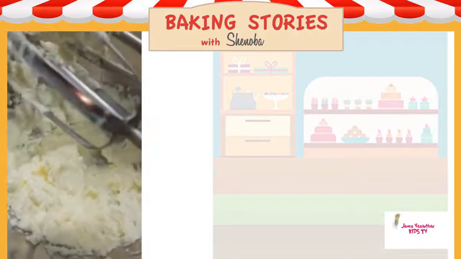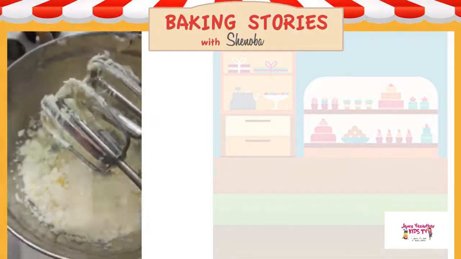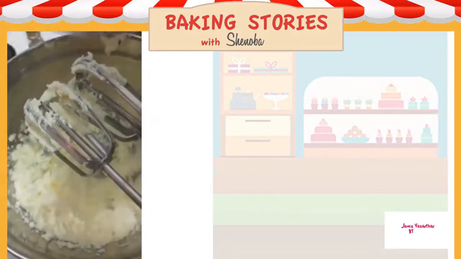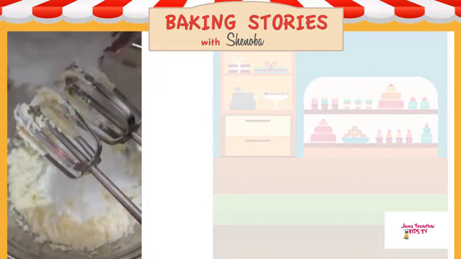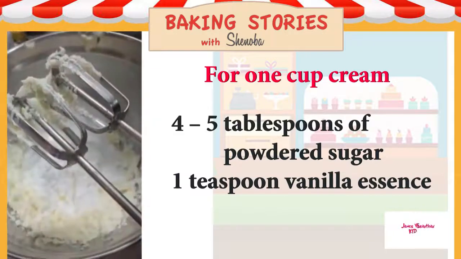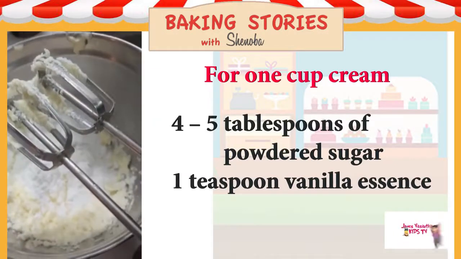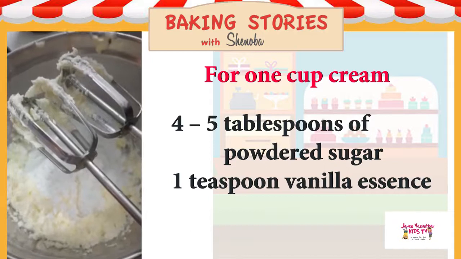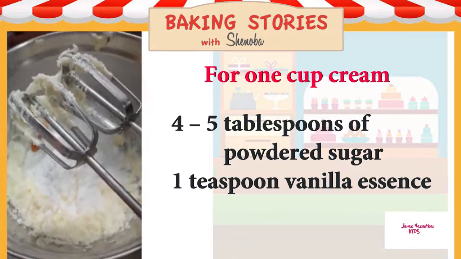When we whip the cream, it's very important to realize that we don't over whip it. If you whip too much, it will turn into butter. So we added a little powdered sugar, and a little bit of vanilla essence, because again cream has a dairy flavor. To take that away we have to add the vanilla essence.